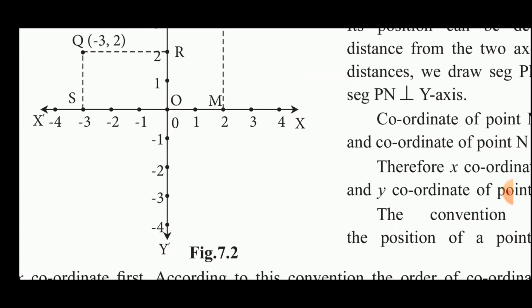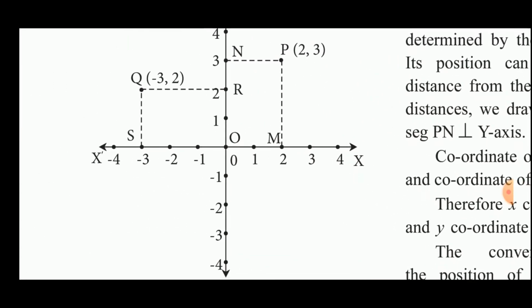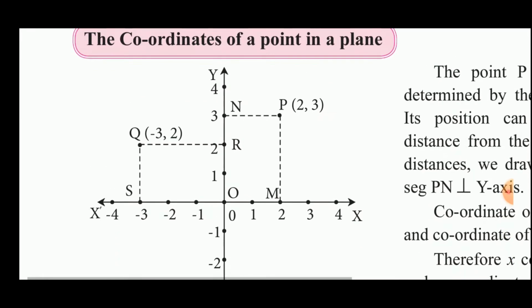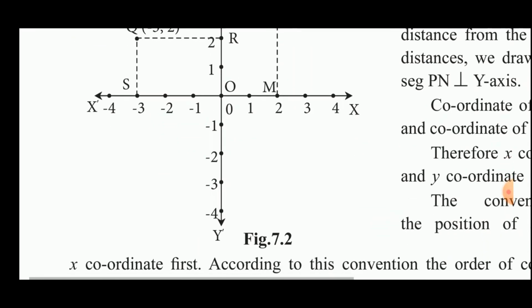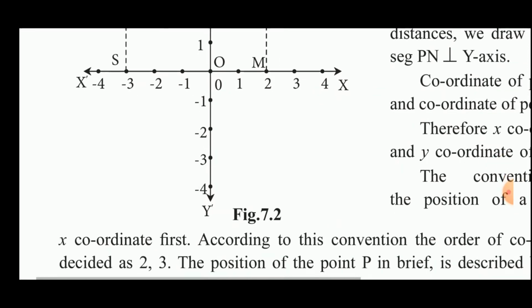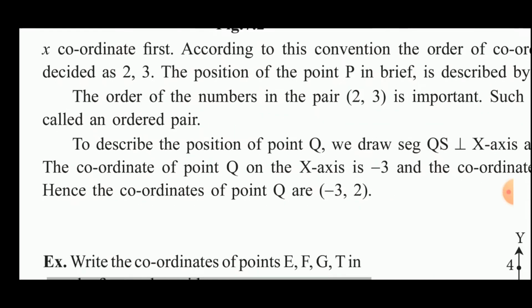Now any point which lies on the x-axis, like the point S, point M, its y coordinate will be 0. And all the points which are lying on the y-axis will have the x coordinate 0, and the coordinates of the origin are taken as 0, 0.